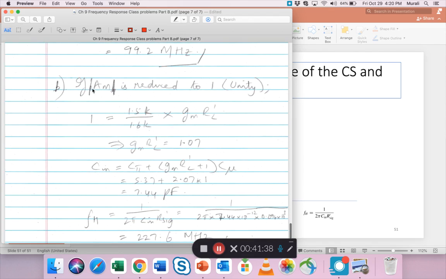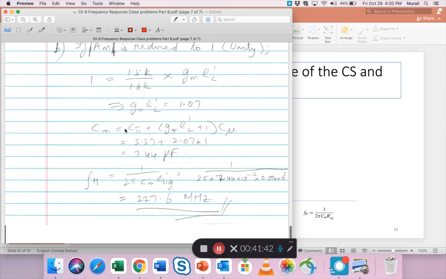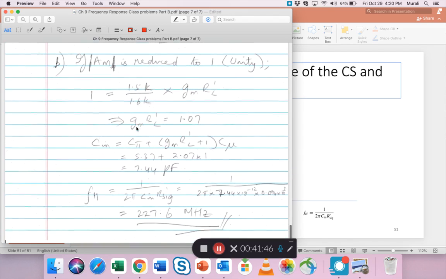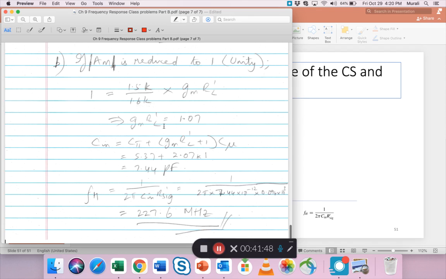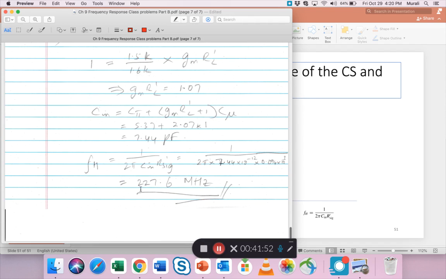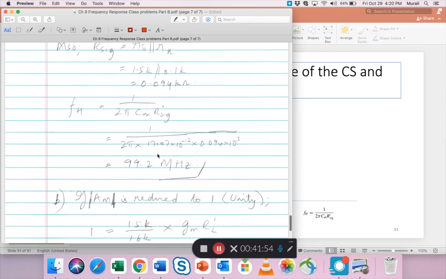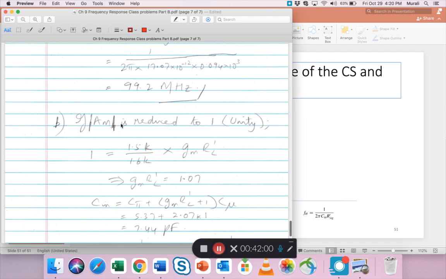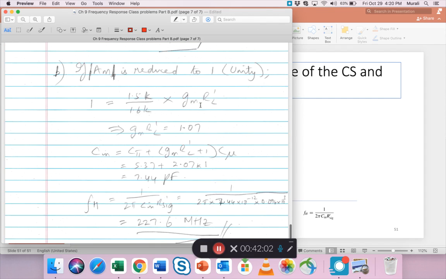Okay, there's a part B. If the magnitude of AM is reduced to 1, what happens? So you go through the calculations. FH now is 227.6 megahertz. So we went from 100 megahertz to twice that. Now AM was reduced because RL prime is reduced, right?